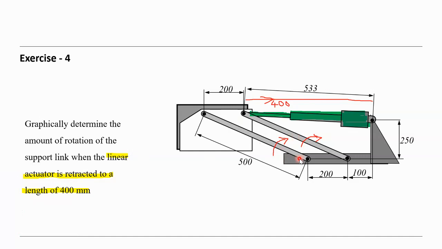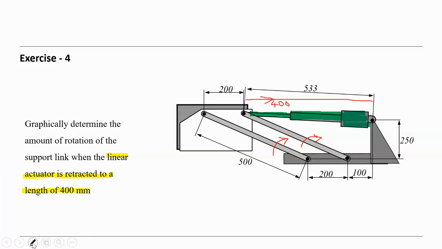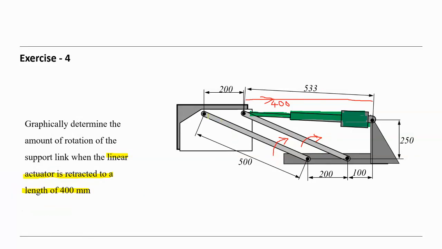Angle is the amount of the rotation of the supported links. Those are the supported links here, two supported links. Let's also color this one. So the rotation has to be calculated.